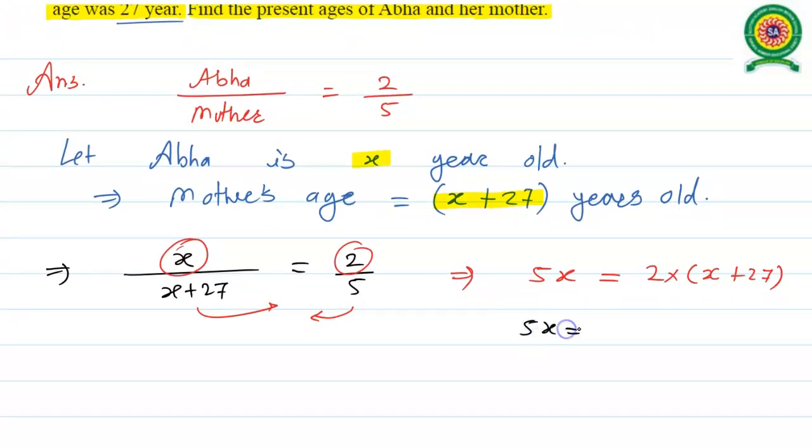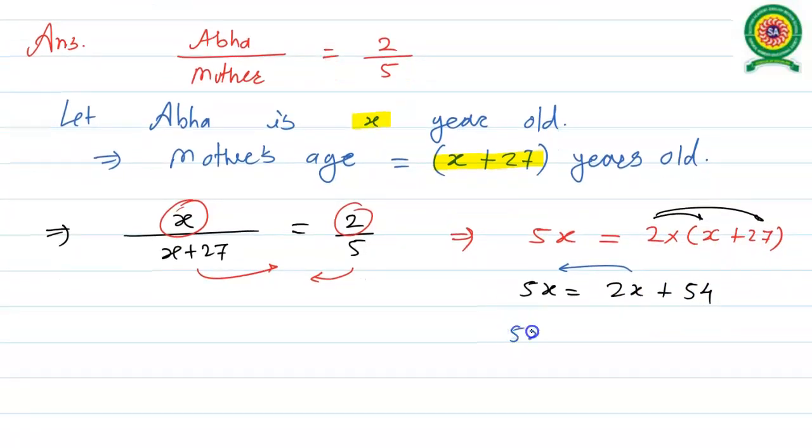Now try to distribute that 2 over the bracket, so that we get 2x plus 27 twos, which is 54. Now let us collect all variables of X towards the LHS. So now we have 5x minus 2x is equal to 54. So that implies we have 3x equal to 54.